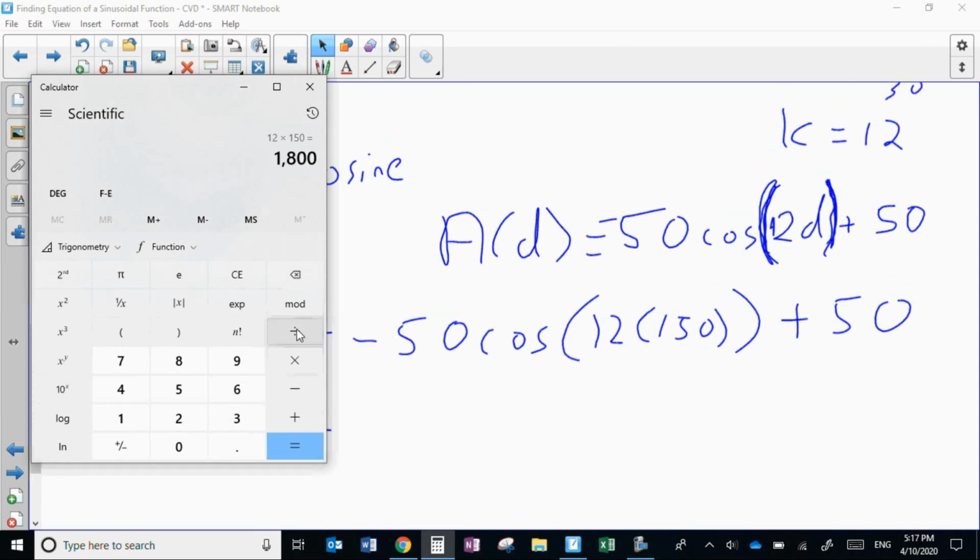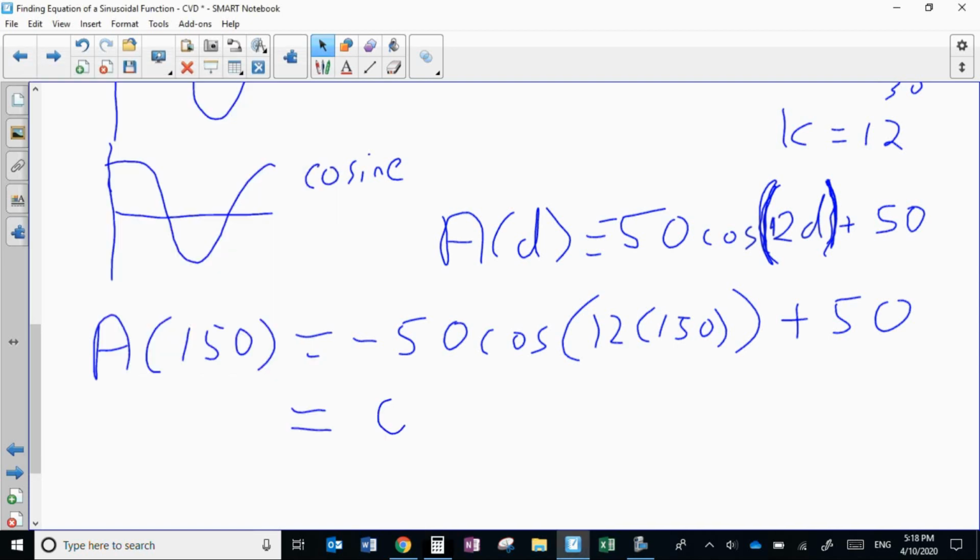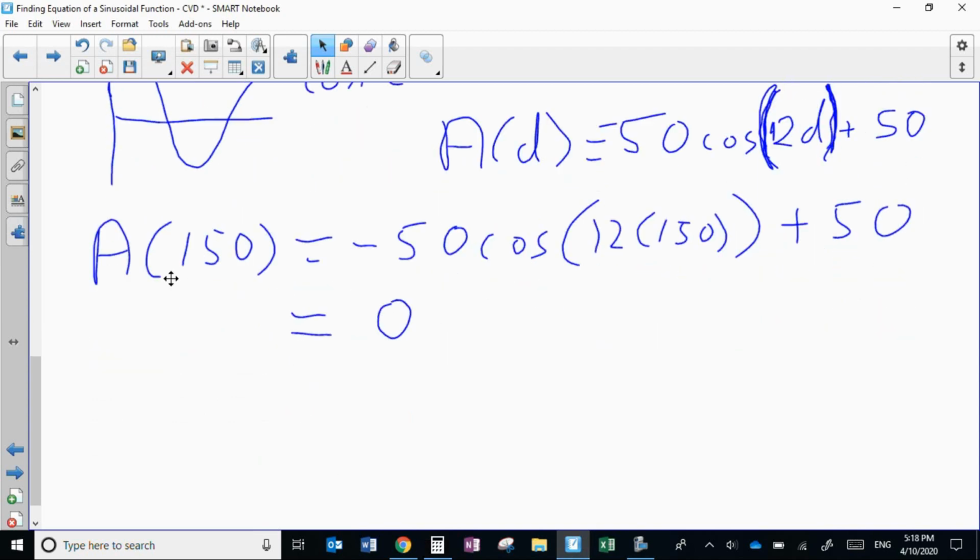I take the cosine of that. Okay, which gives me exactly 1. Look at that. I times that by negative 50. And of course, I get negative 50, and I add 50, and I get 0. So on day 150, it's what's called a new moon. We'll see 0 amount of the moon. That may not have been the greatest example to do.